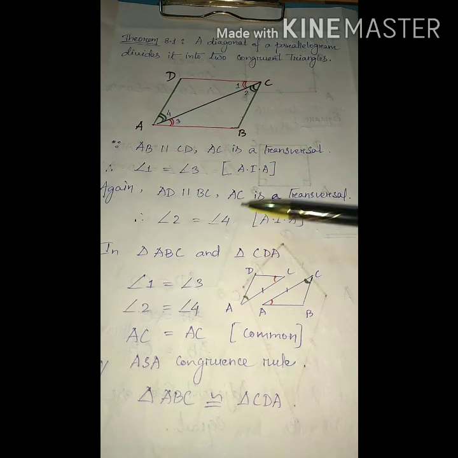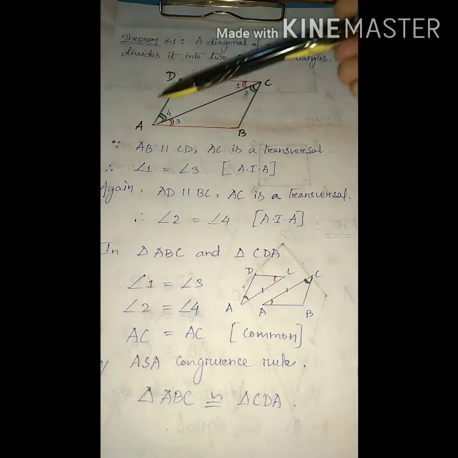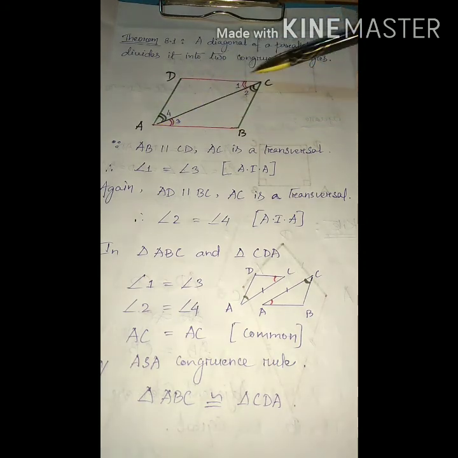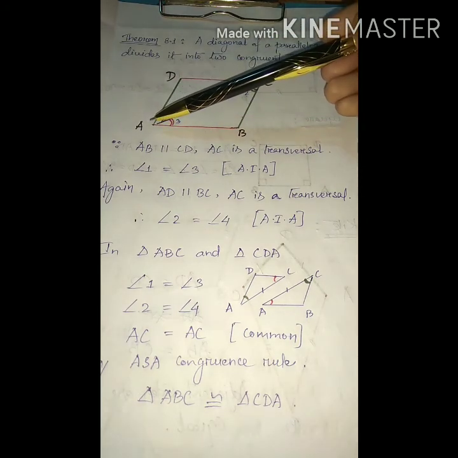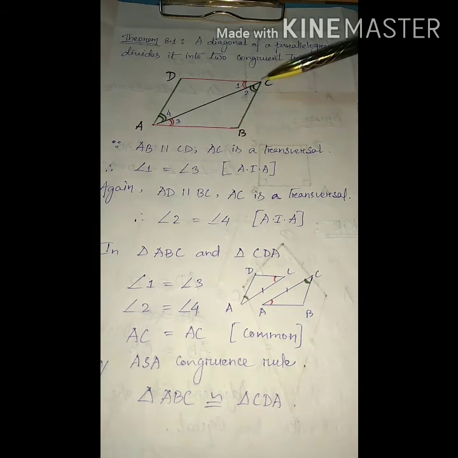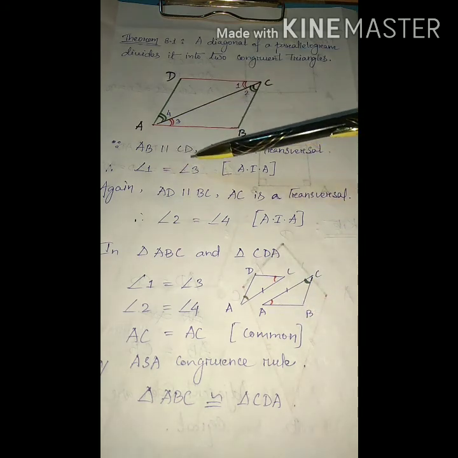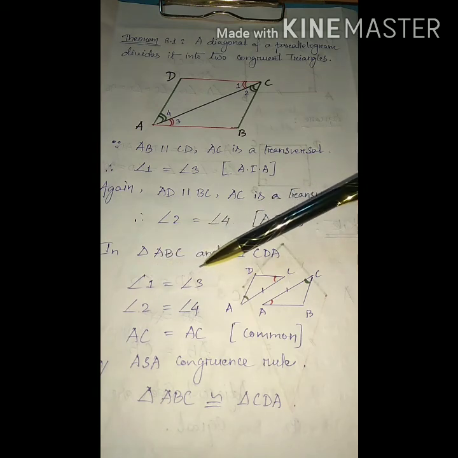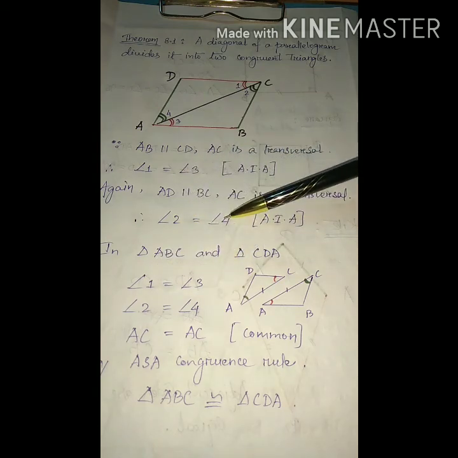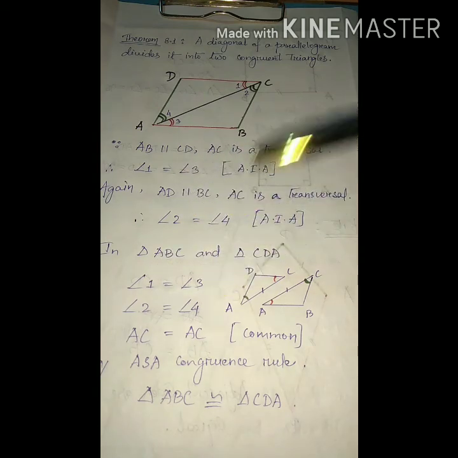Is it clear? After writing these two, now we separate the triangles: triangle ADC, and another one, ABC. So separately we have drawn these two triangles, ADC and ABC. Already we proved angle 1 is equal to angle 3, and angle 2 is equal to angle 4, alternate interior angles.